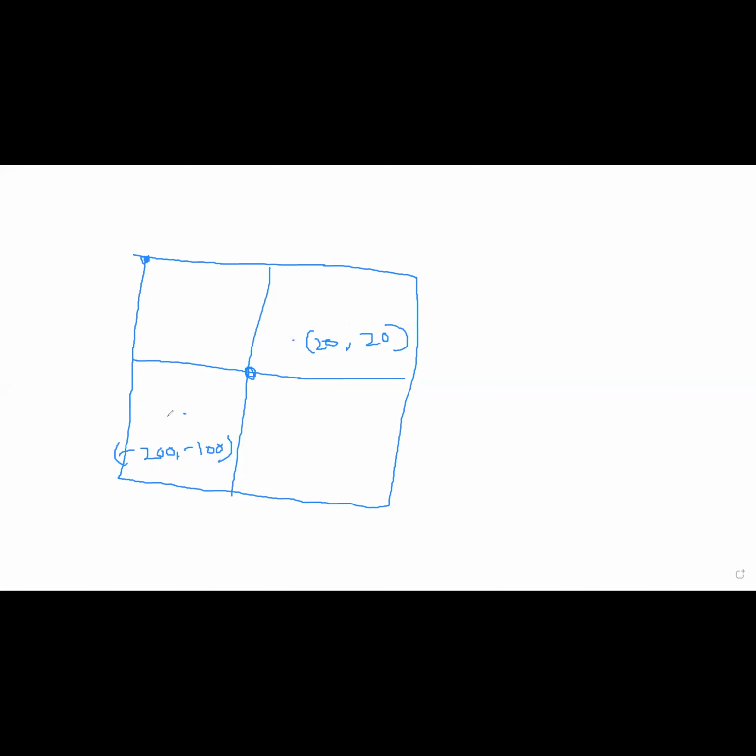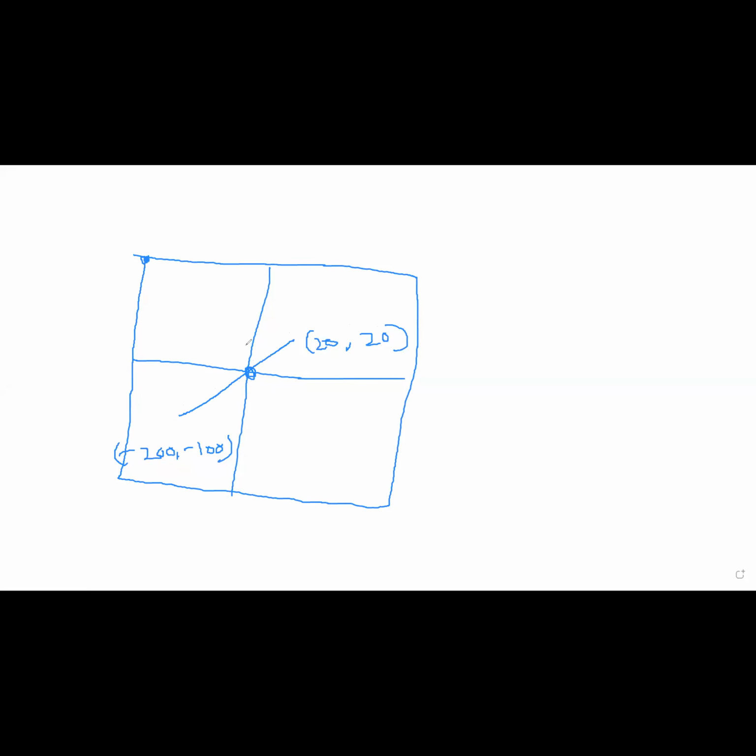Once I give these coordinates 20, 22, minus 200, minus 100, I will be able to get a line like this. So Bresenham's line drawing algorithm gives you a more accurate line as compared to DDA, and it is also faster because it uses only integer arithmetic.